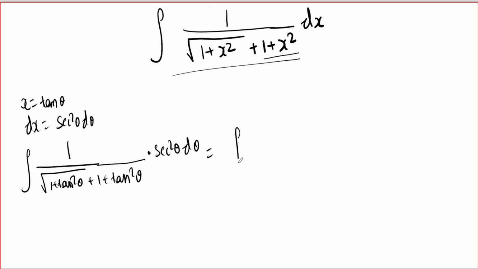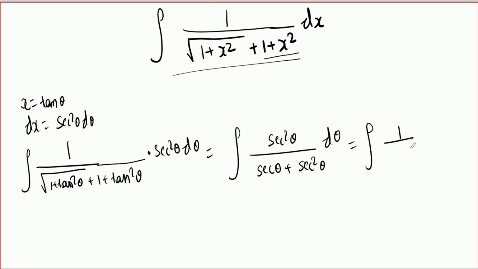And this is basically sec square theta over, 1 plus tan square theta is sec square theta, and if you take the square root, then this is sec theta, plus 1 plus tan square theta is also sec square theta. So I can cancel one sec theta here, and this is basically 1 over 1 plus sec theta d theta, right?